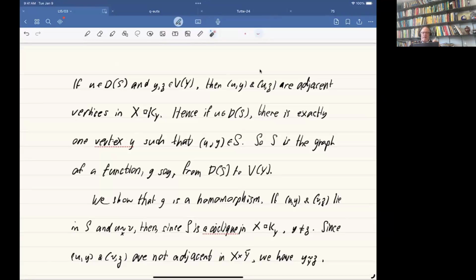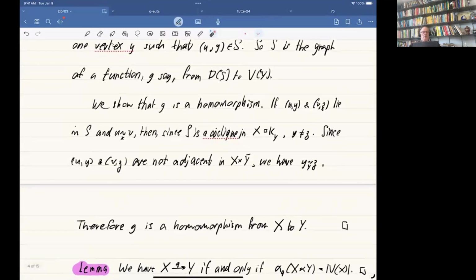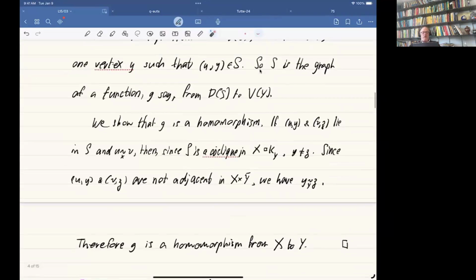So the thing left to do is to show that this function is a homomorphism, and that's what we're doing here. I'm calling my function g, and g is a homomorphism. Now, if (u, y) and (v, z) are two vertices in S, and u is adjacent to v in X, then since S is a coclique in this graph, y is not equal to z.